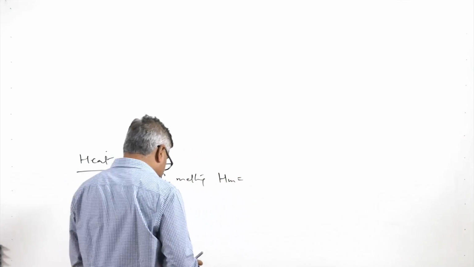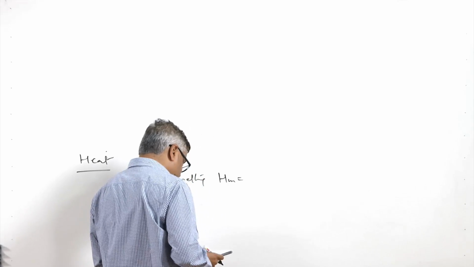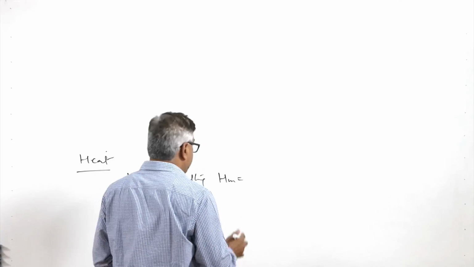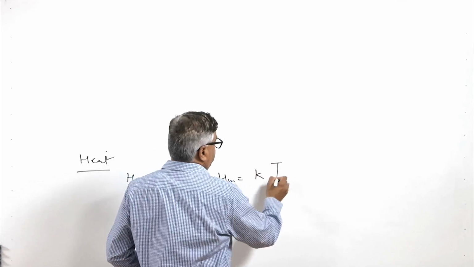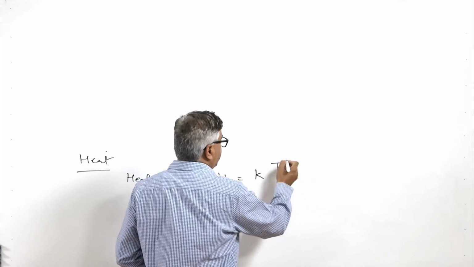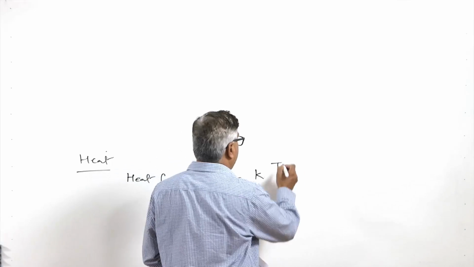The heat for the melting purpose can be obtained through a simple relation like K multiplied by Tm square.